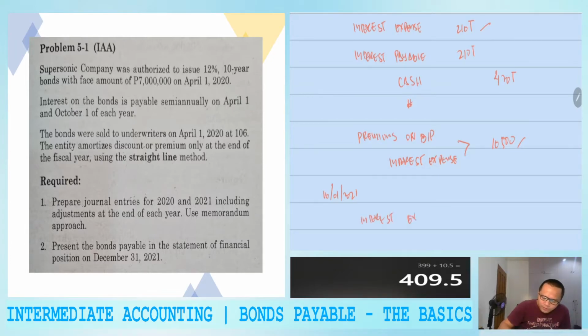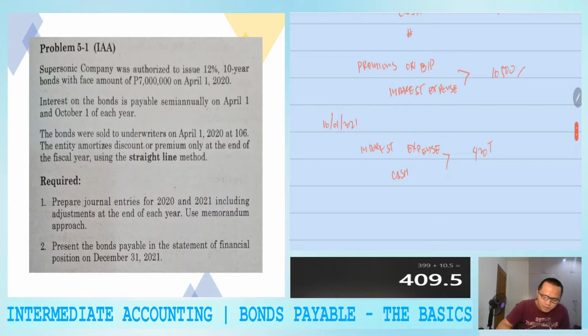Debit interest expense, credit cash, 420, because there are no changes there. Debit premium on bonds payable, credit interest expense, 21,000.